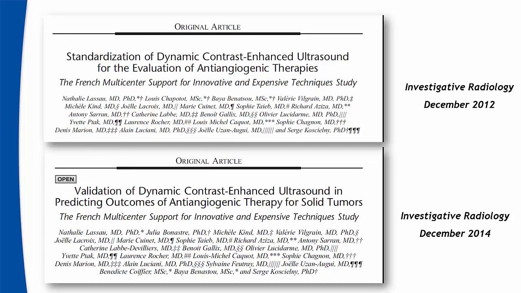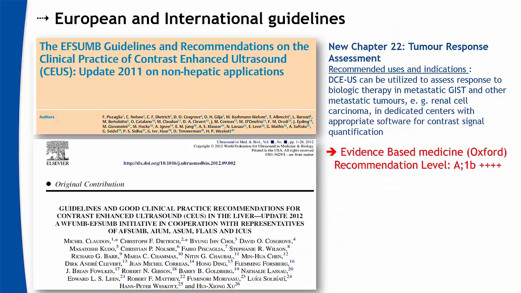This methodology was published for the standardization in Investigative Radiology in 2012, and for the validation of the cutoff and the biomarker in 2014. We implemented this indication in European guidelines in 2011, and we have a new update in January 2017.